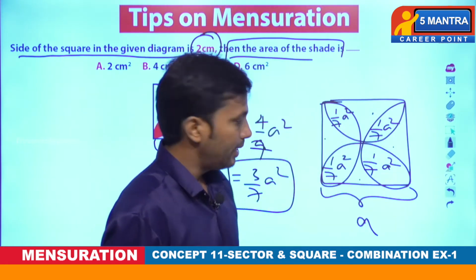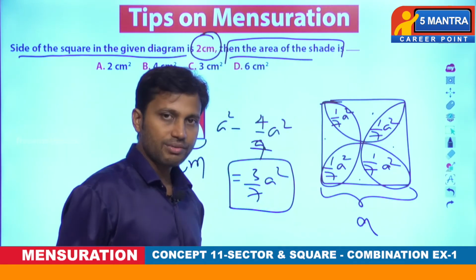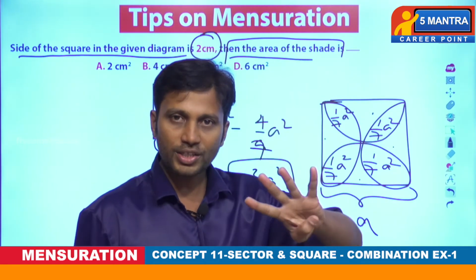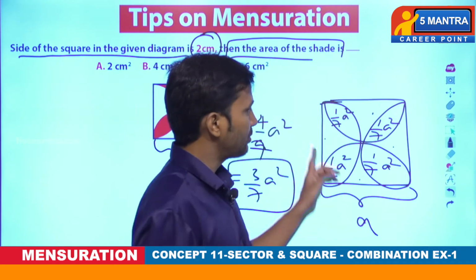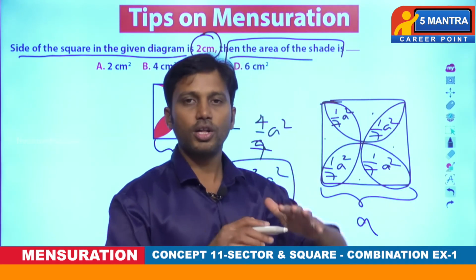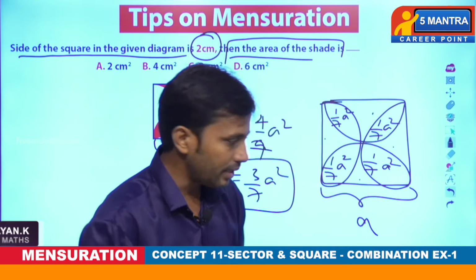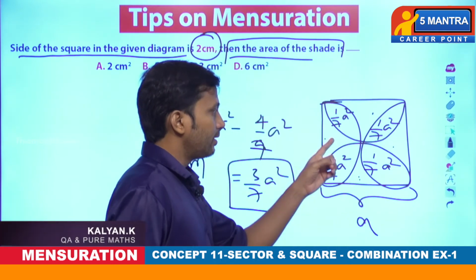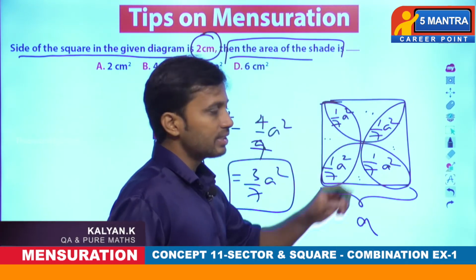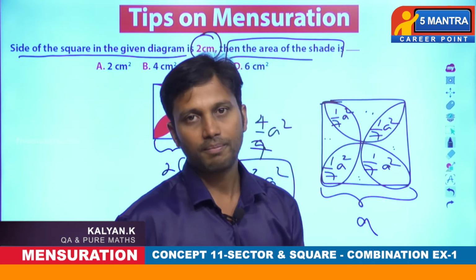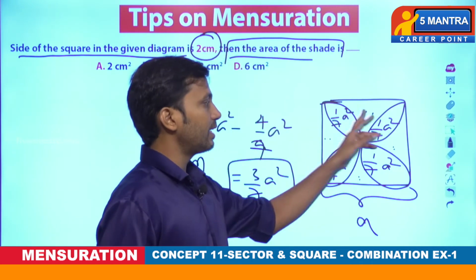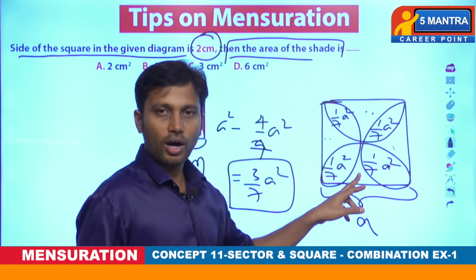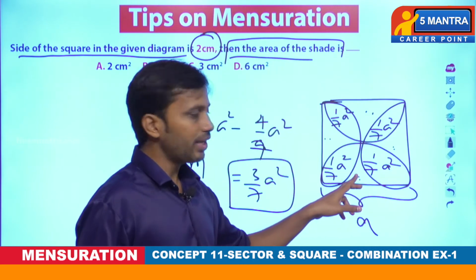Now tell me, here this 3 by 7 a square is divided into 4 parts or not? And tell me, this figure is symmetric about all the sides. When it is symmetric, then definitely these sizes are equal. When those sizes are equal, this total area also is divided into 4 equal parts, isn't it?